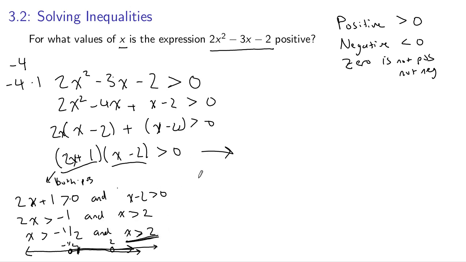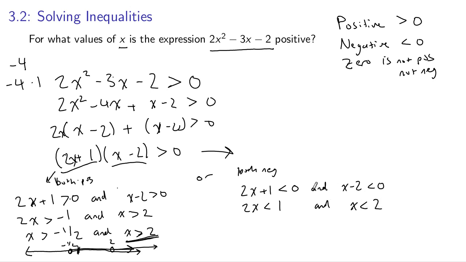But there's another case. Either they're both positive or they're both negative. If they're both negative, then we have 2x plus 1 is less than 0, and x minus 2 is less than 0. Solving, we have 2x is less than 1, and x is less than 2.